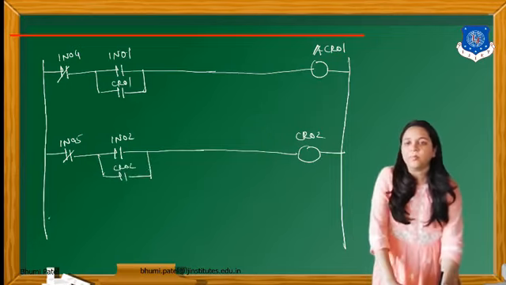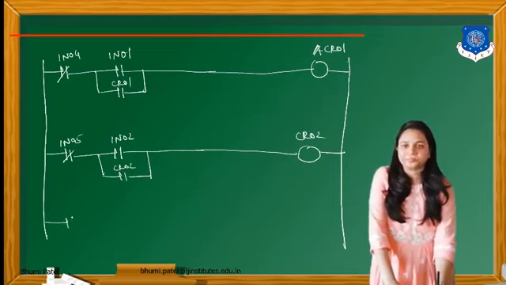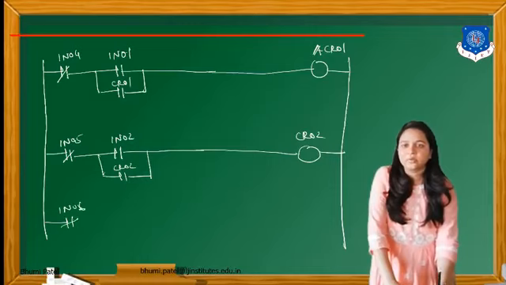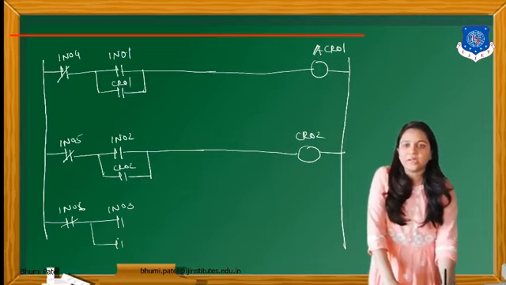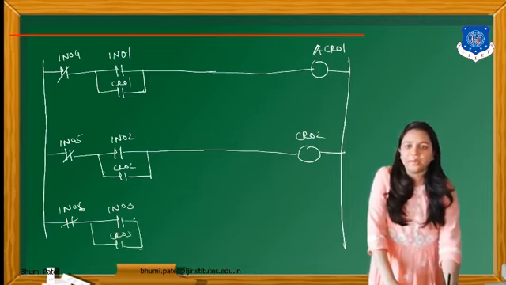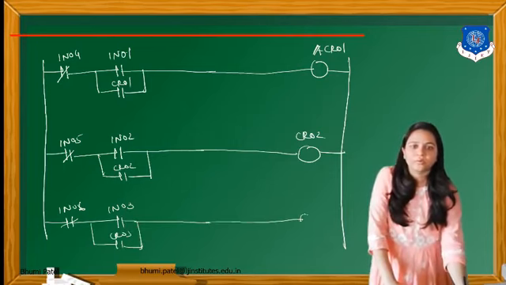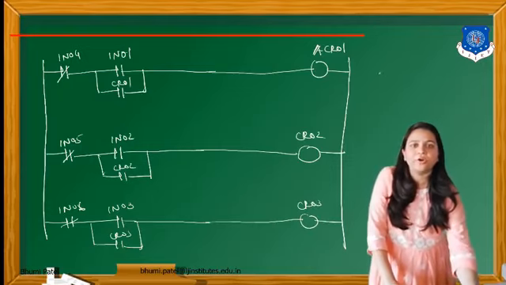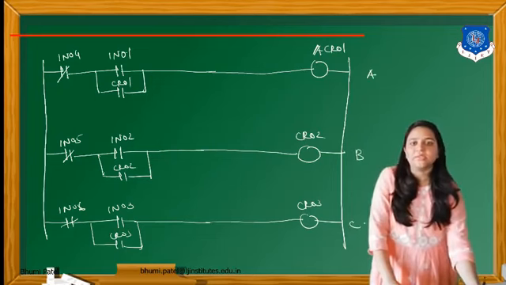The same logic will be applied for machine C. IN06 is the stop button, IN03 is my start button, and CR03 is my output coil. CR01 is the output for machine A, this is B, and this is machine C.